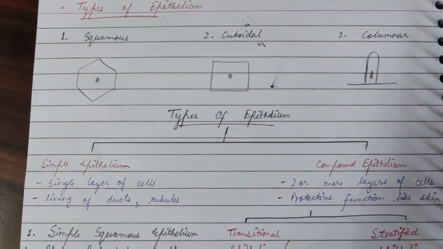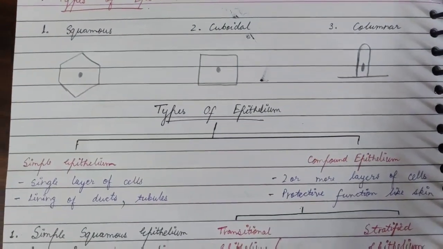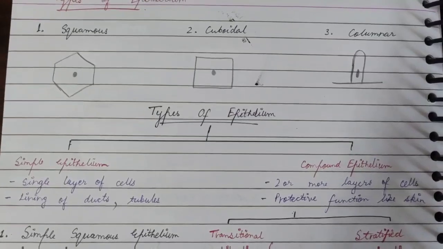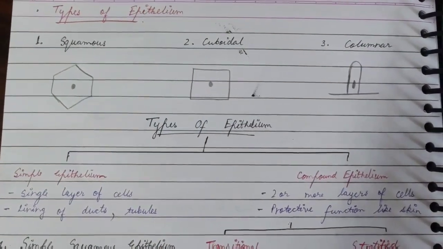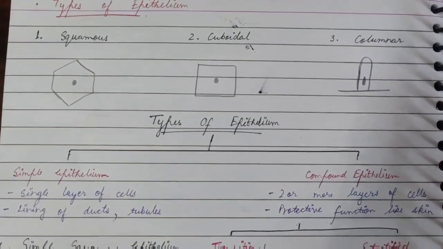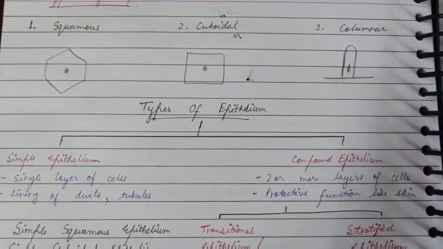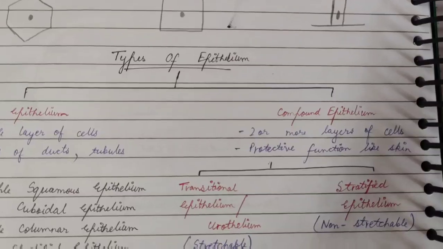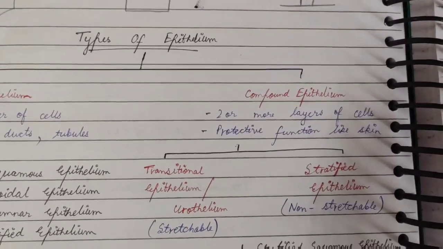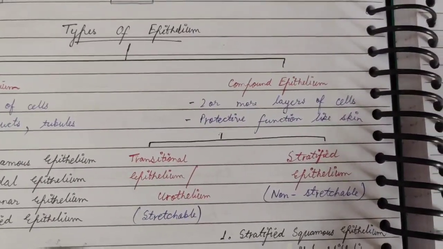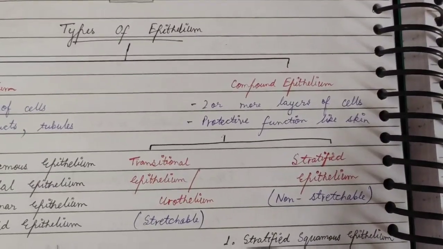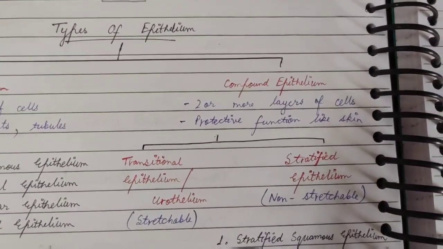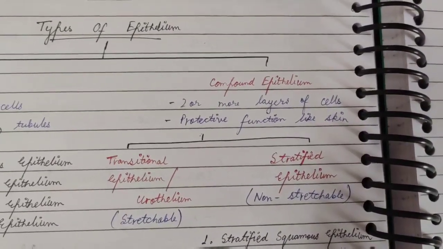Simple epithelium is generally found in the lining of ducts or tubules, and compound epithelium is found basically in protective functions like skin. Compound epithelium can further be divided into transitional epithelium, also called urothelium, and stratified epithelium. Stratified epithelium is non-stretchable, but transitional epithelium is stretchable.